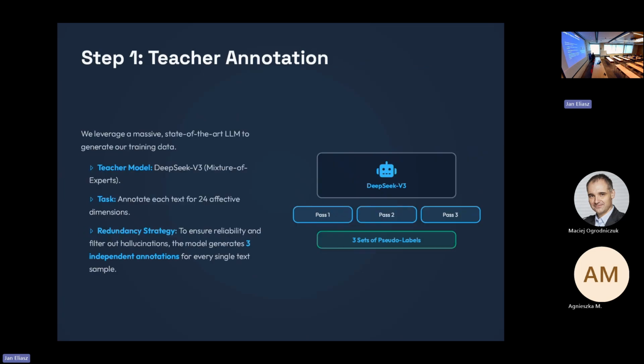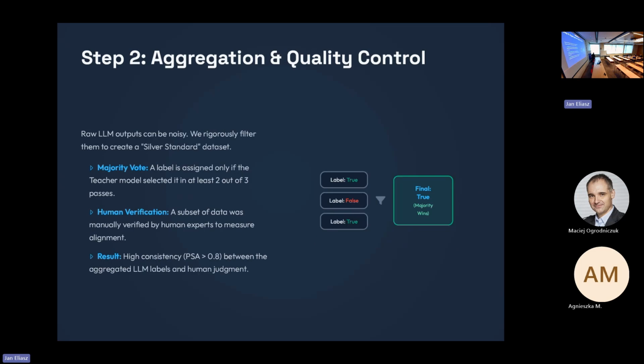So the first step is, for every text, we have 3 passes, 3 independent requests to DeepSeek v3, and we have 3 sets of pseudo labels as the output. Then we aggregate the output as the majority vote, and we also conduct some human validation check.